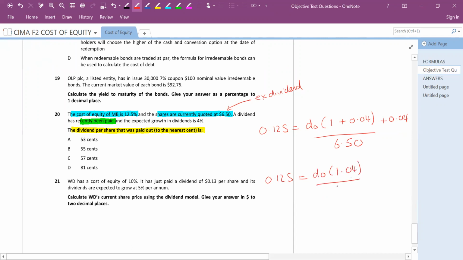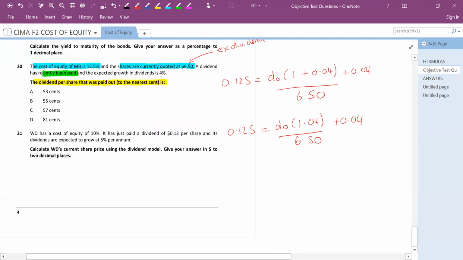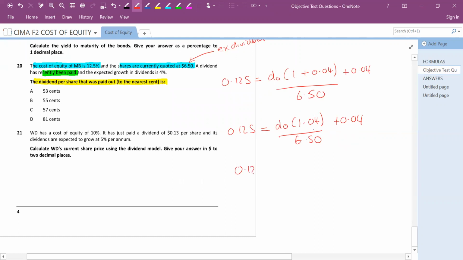1.04 over 6.5 plus 0.04. I'm going to rearrange things a little bit. 0.125 minus the 0.04 leaves me with D0 1.04 over 6.5. So 0.085 equals D0 1.04 over 6.5.